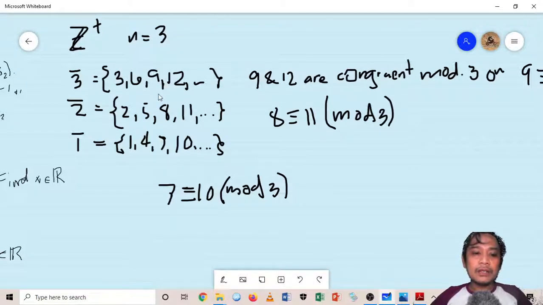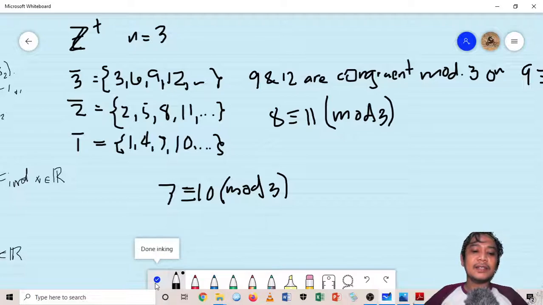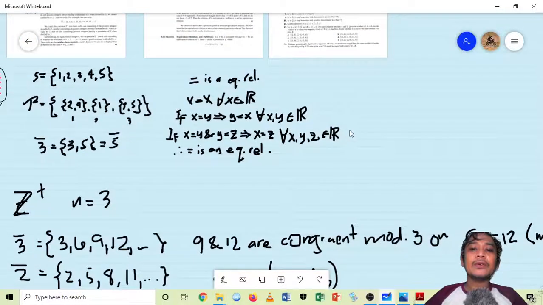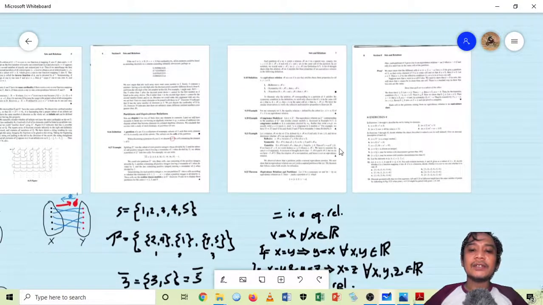Meaning, two positive integers will be in the same cell if they have the same remainder when divided by 3. Or in general, two positive integers would be congruent modulo n if they yield the same remainder when divided by n, where n is the divisor, the positive integer considered as the divisor. You can simply rewind if you did not get that.